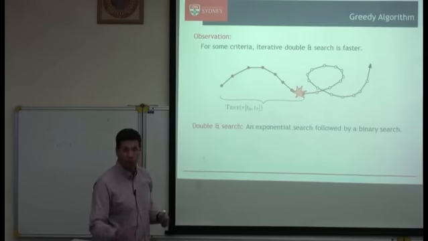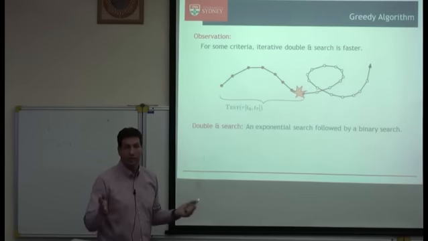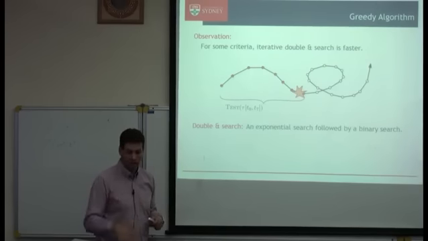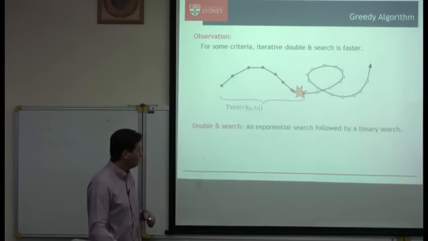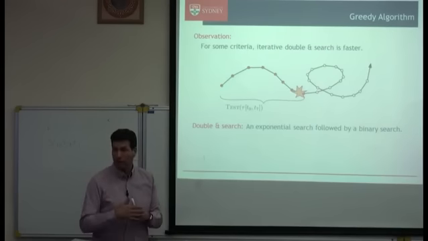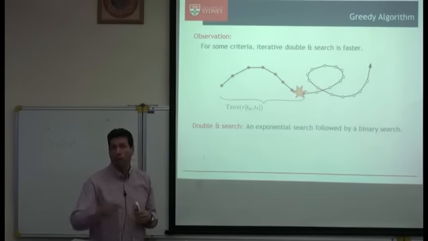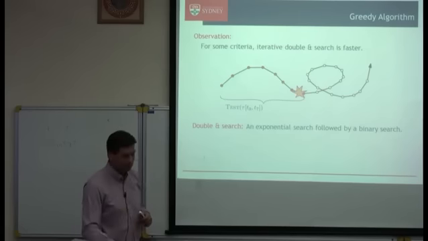That means I only have to perform log n queries for each segment. So if I have a segment of length k, then it will only cost me log k queries to find it, while in the greedy algorithm, I would actually have to pay order of k queries to find it.